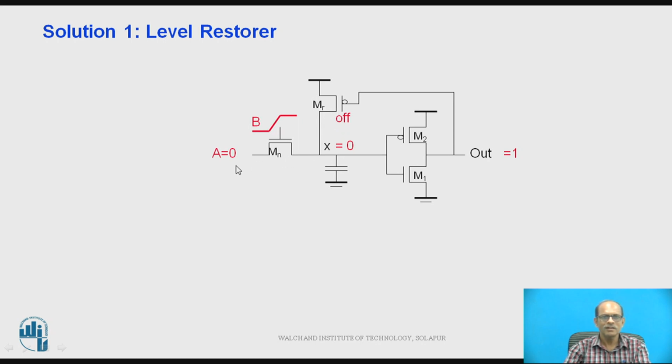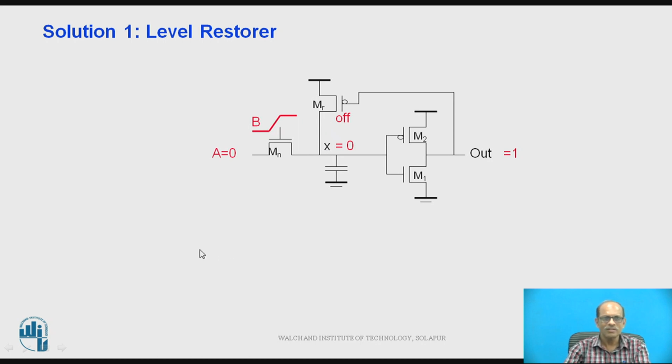This is the input, this is the NMOS, then this is the internal capacitance, this is a CMOS inverter, and this is the output. The output, as shown in the figure, is connected to the gate of the PMOS, and this PMOS will act as a restorer. This is MR, and this point goes to X.